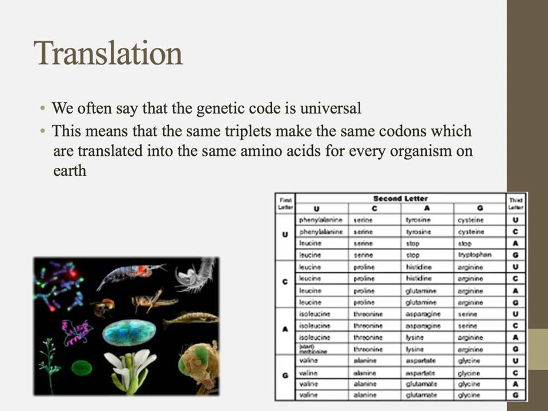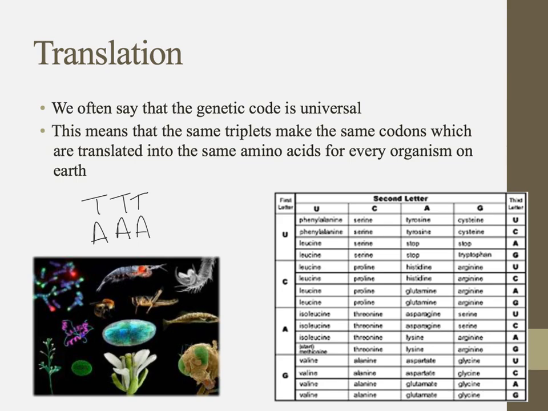Now, one of the things that's really cool about your genetic code is that it is universal. What that means is that no matter what organism you're looking at, the DNA works the same way. The same DNA code in shrimp gets transcribed into the same mRNA code in butterflies. It doesn't matter.